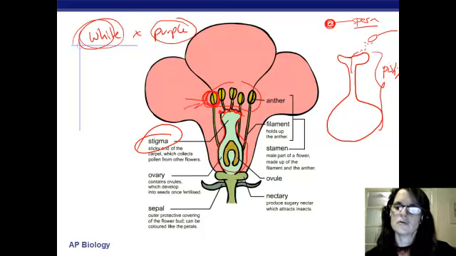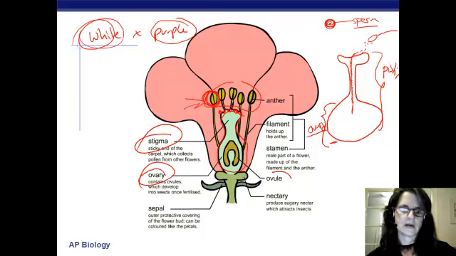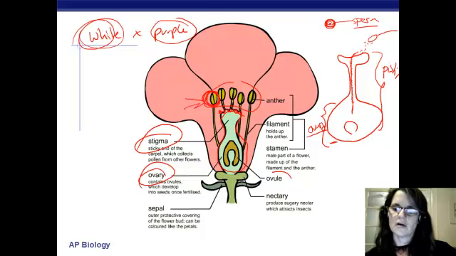A pollen tube would grow down into the female reproductive organ, and a sperm would move, crawl, kind of like an amoeba, down the pollen tube. In the base of the female part is the ovary. Right here, this is the ovary. And in the ovary is a structure called an ovule.